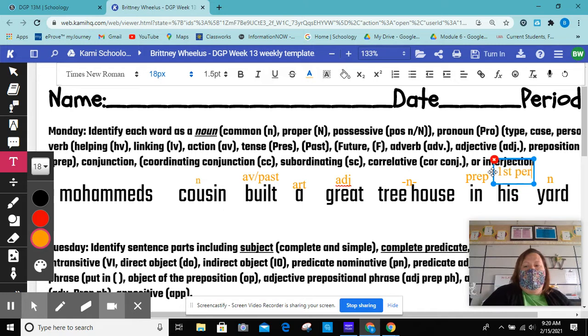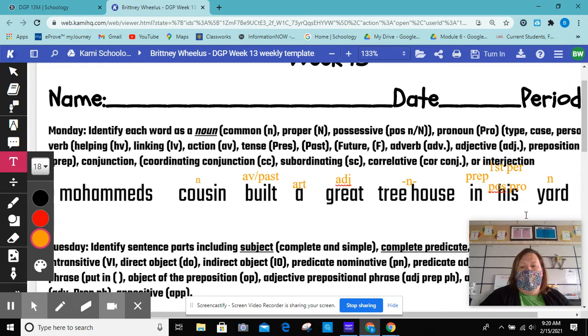Why would this be possessive? What does that word possessive mean? It's his, showing ownership. Okay? First person pronoun.